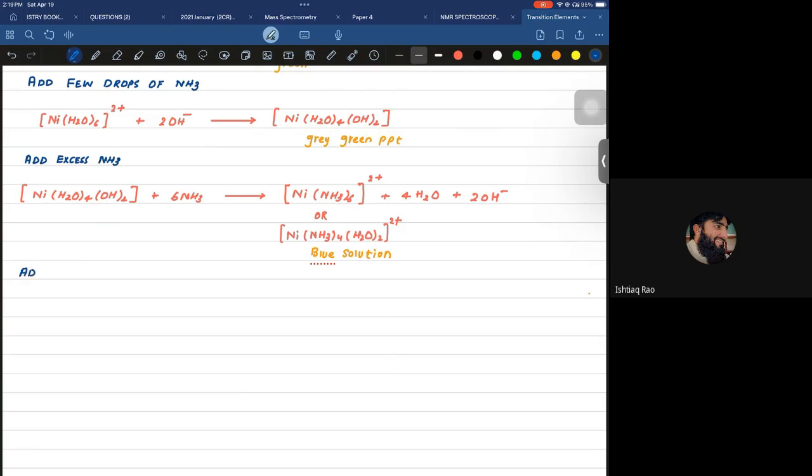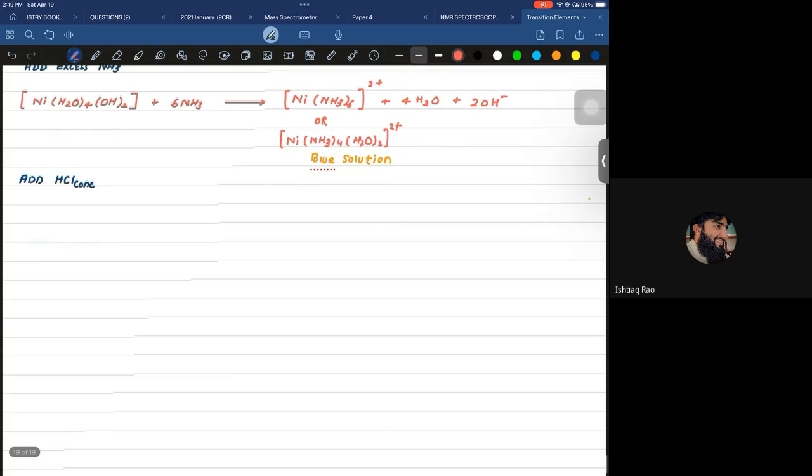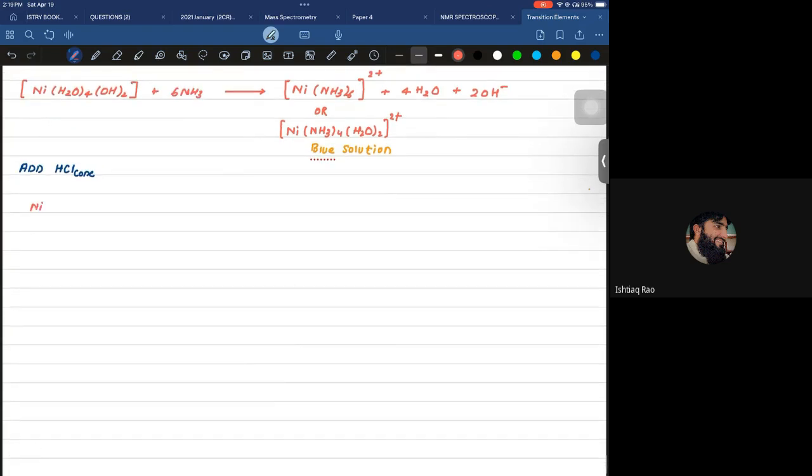Same as copper, 100%. Then I would observe nickel chloride complex.